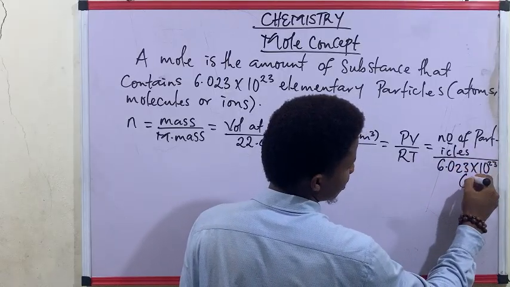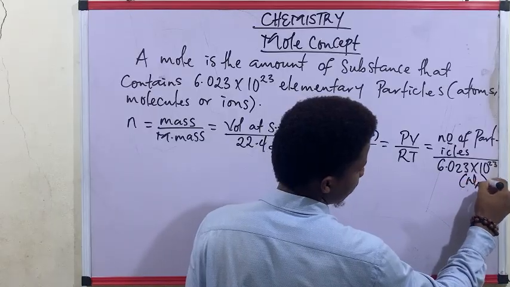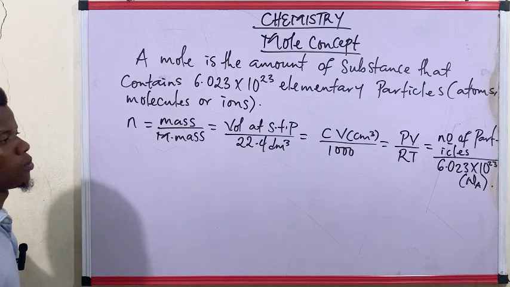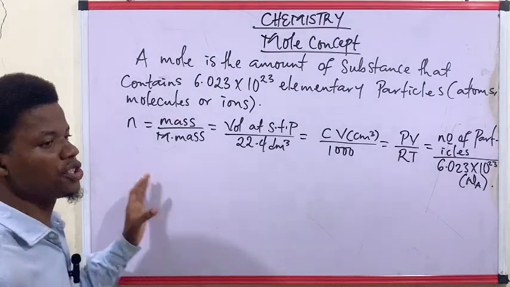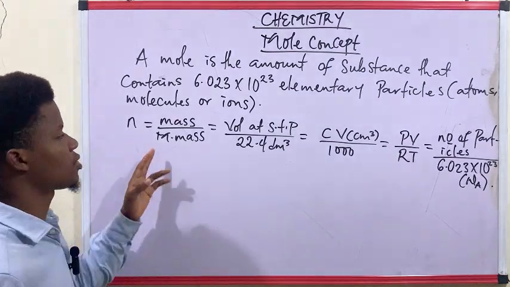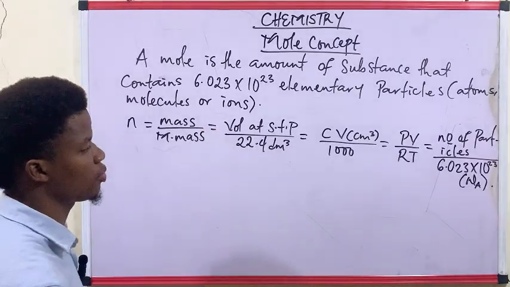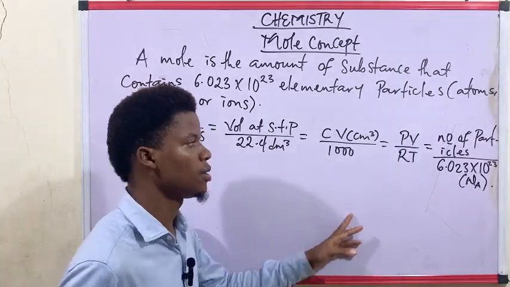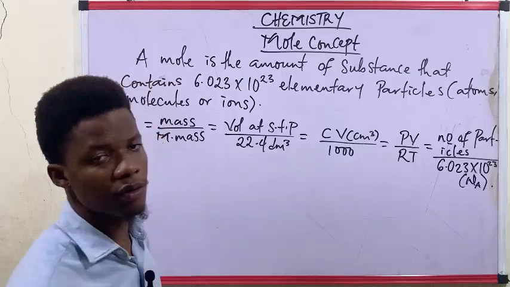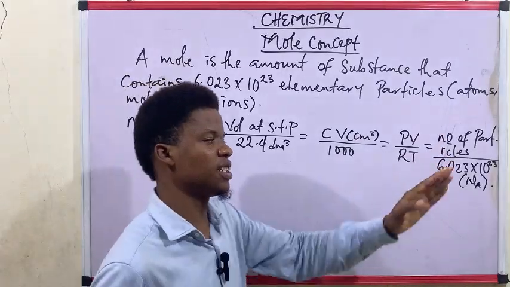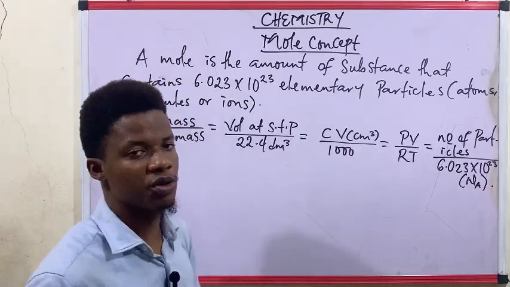This is known as Avogadro's number. So, mass over molar mass is equal to volume at STP over 22.4 dm cube, which is equal to CV over 1000, which is also equal to PV over RT, and which is also equal to number of particles over 6.023 times 10 to the power 23.